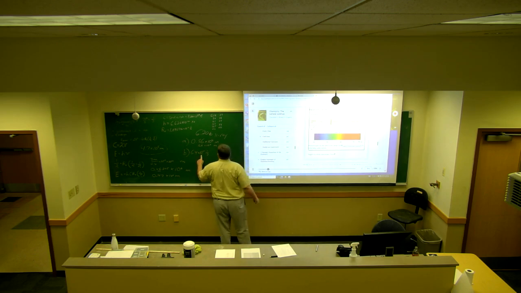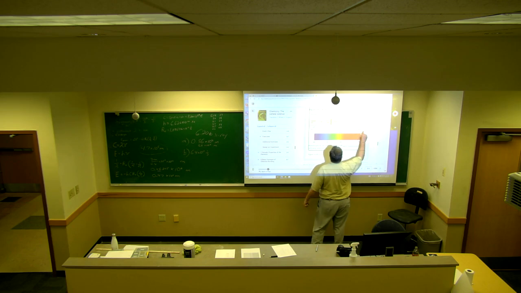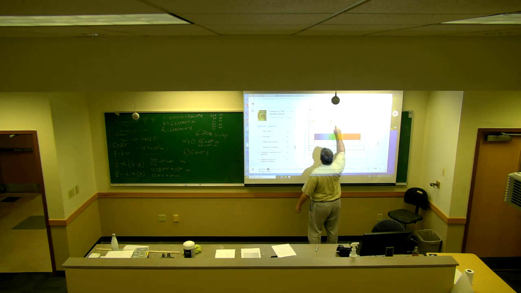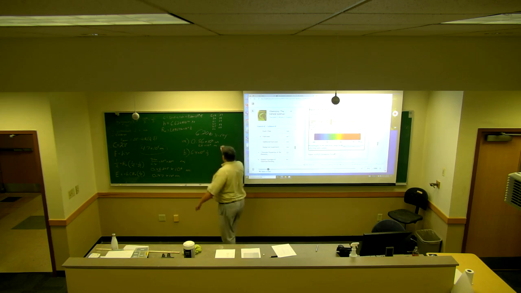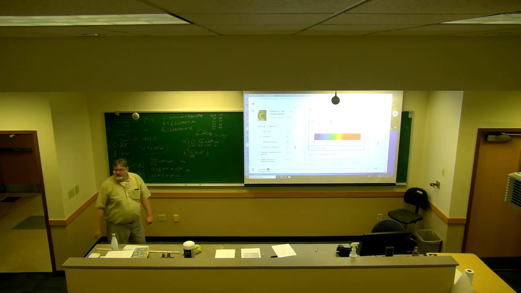This one is the 10 to the 11 on frequency per second. 10 to the 11 would put us in infrared. So this one, A, is X-ray, and this one is infrared. You follow that? Being able to read this chart.